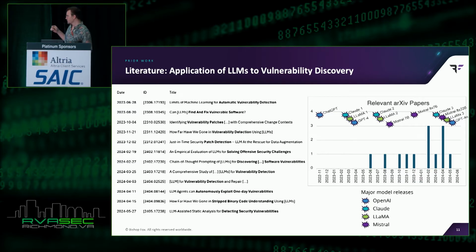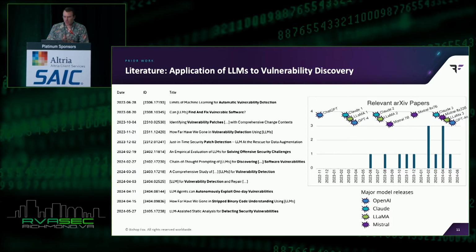And you can kind of see a trend. First of all, there's been a big cluster of papers released just in the past 6 months. It's kind of interesting. You also see a lot of these model releases clustered together. A lot of the research didn't really come about until GPT-4 was published, which is not super surprising, right? Because it was a vastly more capable model than what had been available at the time.